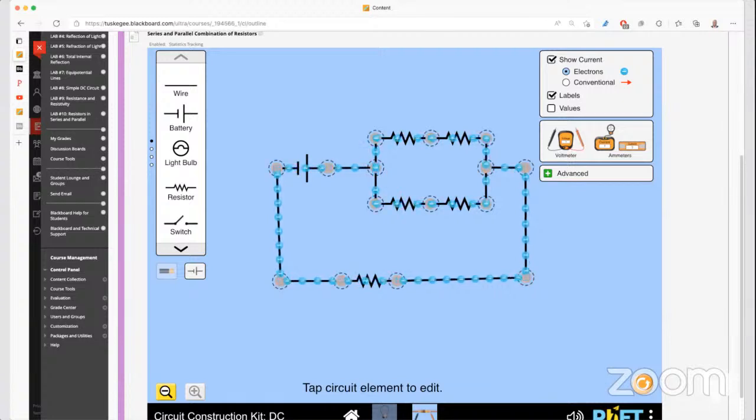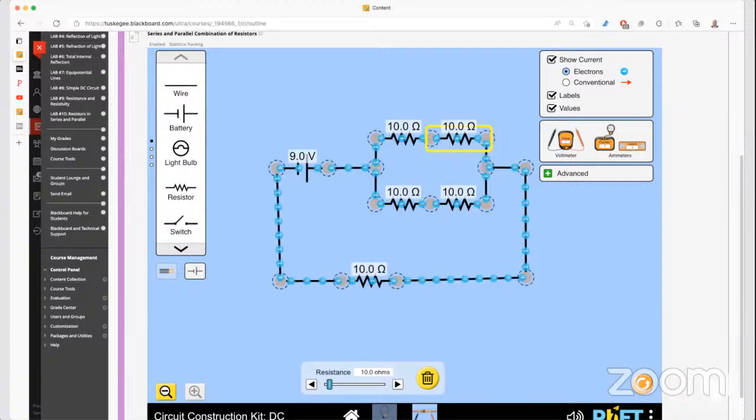So as you can see, this is a combo circuit. If we check values, you can see. Again, you can change these values around to have different values.